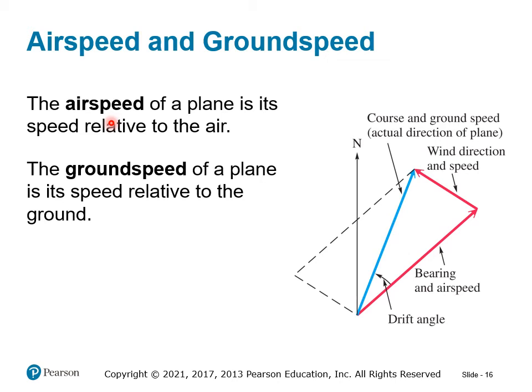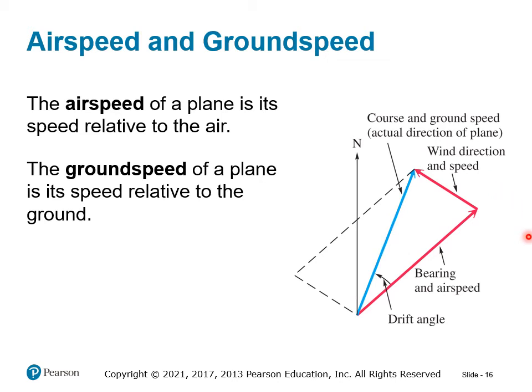So pilots will fly at a different bearing that takes into consideration the wind speed and direction. If you've ever bicycled or canoed on a windy day, you know how easy it is to get off course. The wind is pushing your bike or whatever vehicle you're in off a little bit.